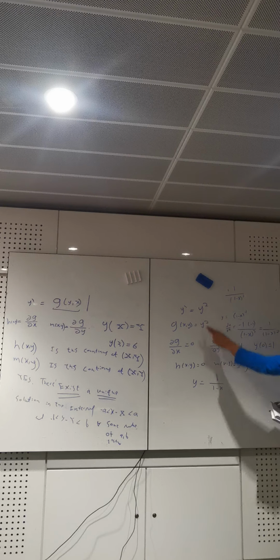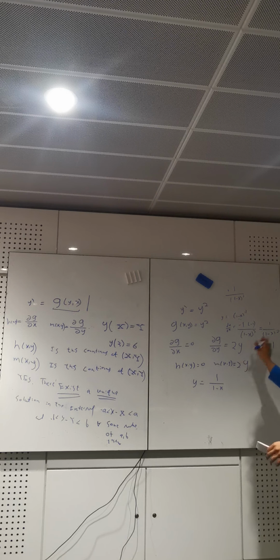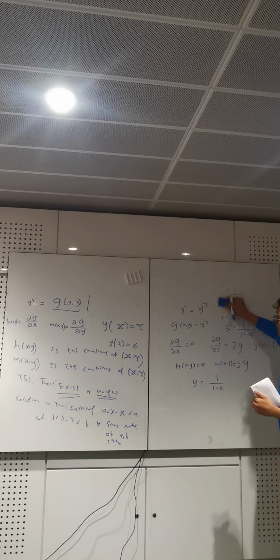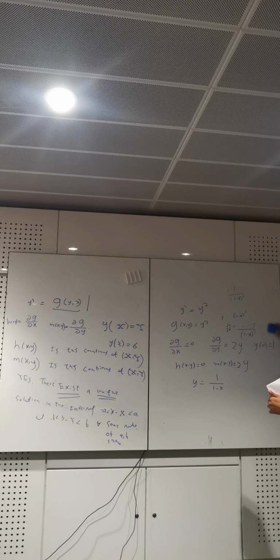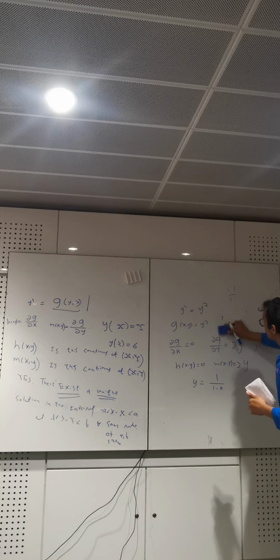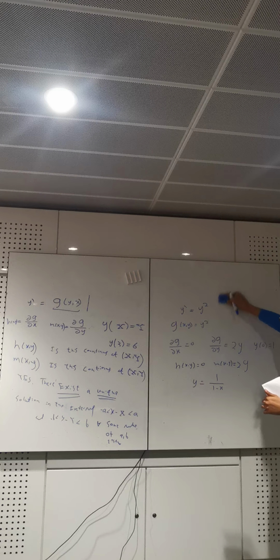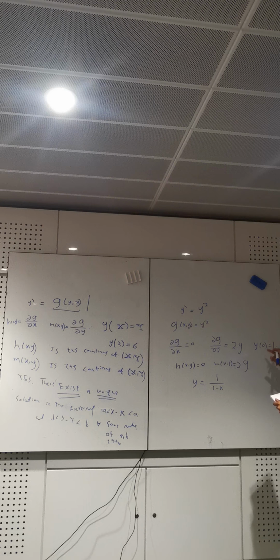Well, it's equal to y squared, because if you square this, it's going to be equal to that. So we actually found that this is a solution for the problem, and for the values of 0 and 1.